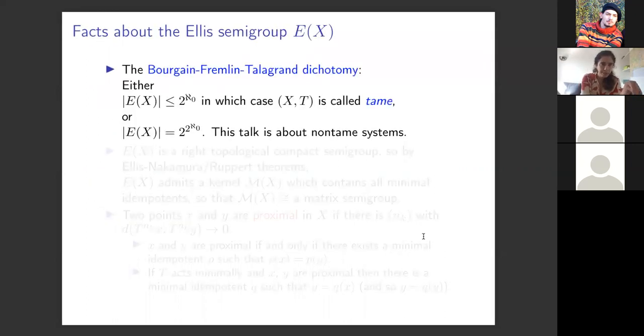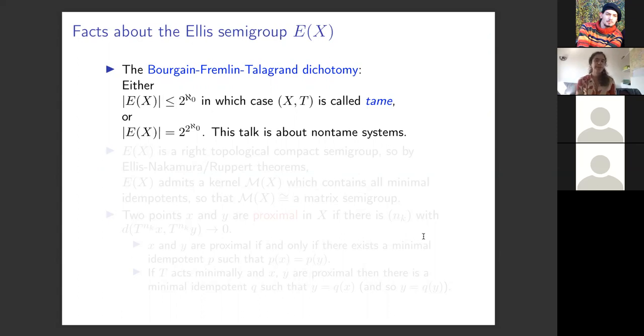Okay, so I'm going to give you some facts about the Ellis semigroup. So these facts are not trivial, but they're very useful to set the stage, all right? So the first fact is what's called the BFT dichotomy, okay?